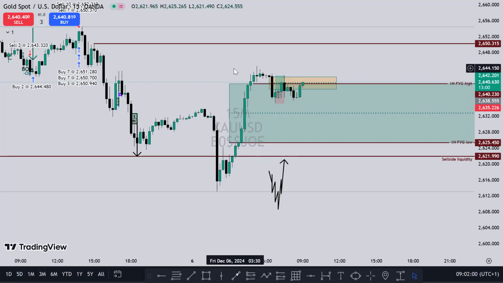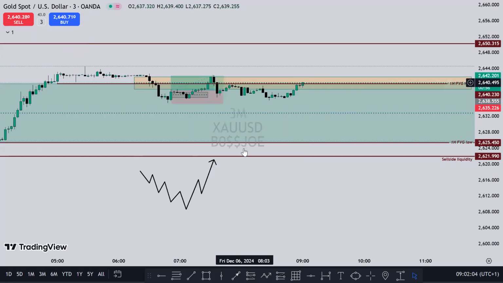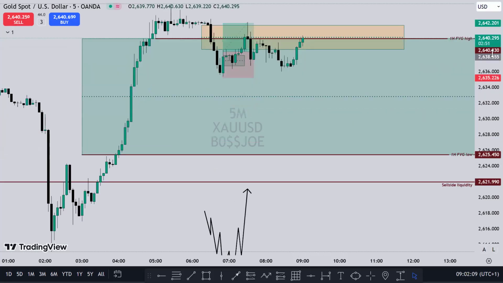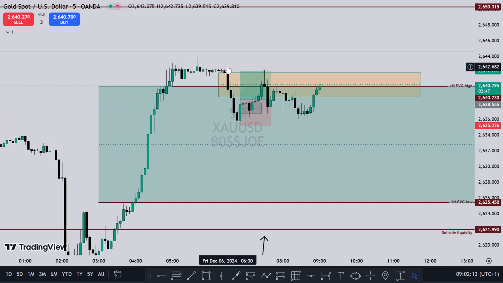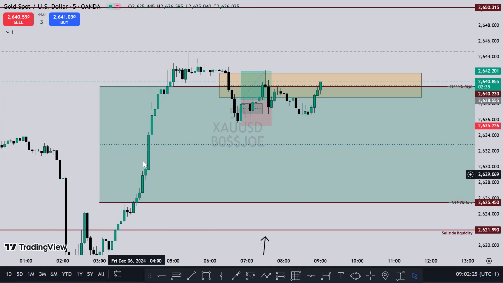Are you seeing that? So if you go over to 3 minutes, oh sorry, let me use 5 minutes. You see this one too is what? A liquidity void. This down close candle has multiple fair value gaps. Are you seeing that? So if price has refused to come back to that 15 minutes fair value gap, it simply means price is heading towards here.